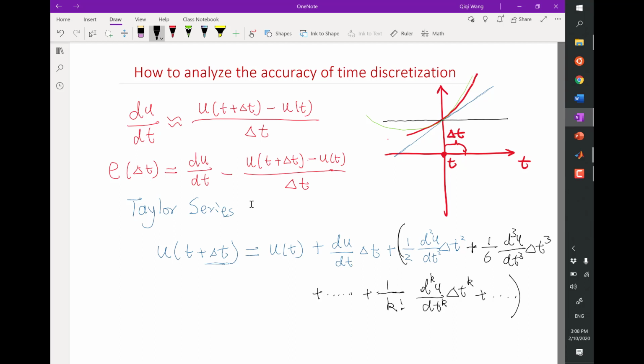Yeah, so this term is going to be most important because when delta t is very small, every time you multiply by delta t, you make things even smaller, right? So the most important term is going to be the term that's multiplied by delta t the least number of times, which is going to be the second order term.